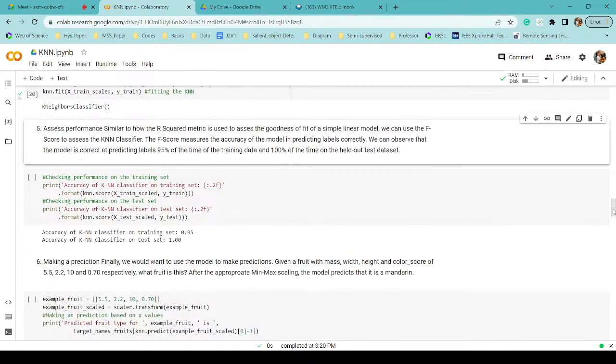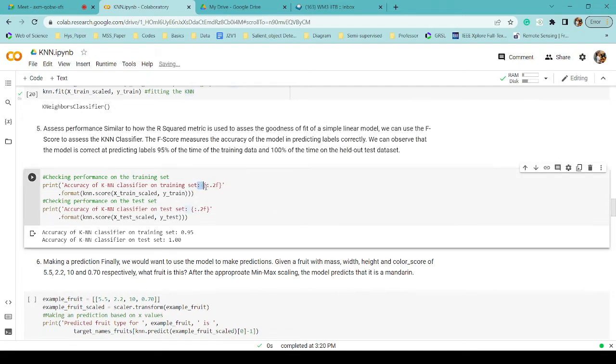Now I need to find my accuracy for KNN. Okay, there is something called score, knn.score. I'm calling my X train scaled data, y train data. Okay, and this is nothing. This is something you can remove. Just don't go with this thing. I have just written it as train set, you can remove this. Again, this is not important at all. So I am just calculating my KNN for the training and testing data.